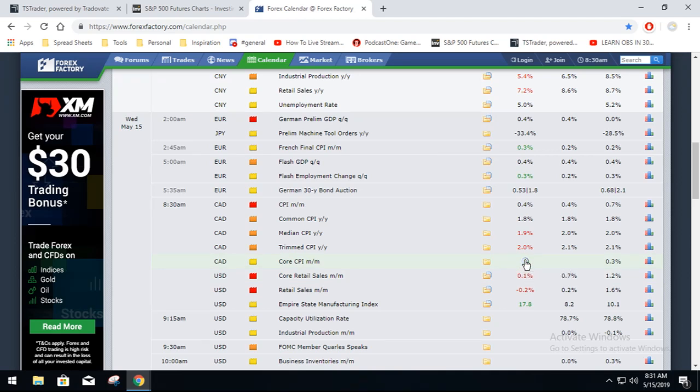Yep, looking like we might have some bears coming into the market, pre-market and market open. Be very careful on where you're trading.